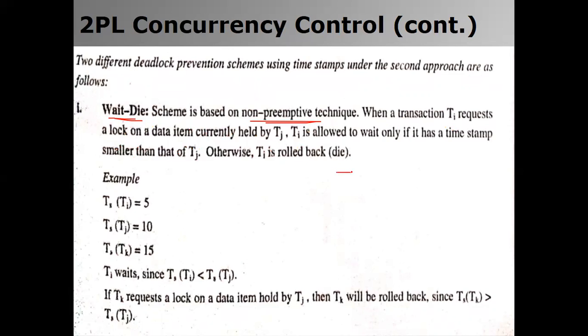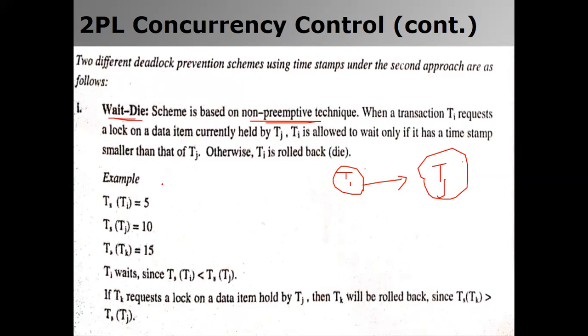Again, I will draw the diagram and show how things work. This is my transaction Ti, which is going to be waiting for transaction Tj, which is currently holding the lock. If Tj is holding the lock, we have to think about their timestamp values. Ti is allowed to wait only if it has a timestamp value smaller than Tj.